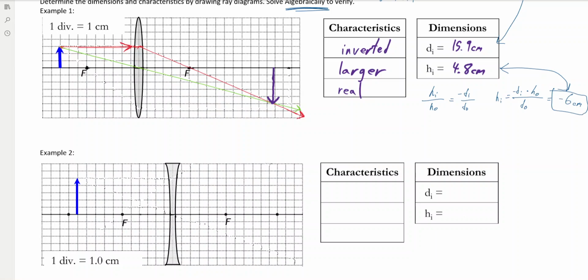Okay, so first step is to do the same thing as what we did in red, which is to get a line going straight to the center of axis of your lens, and then from there you're going to go straight to the focal point.